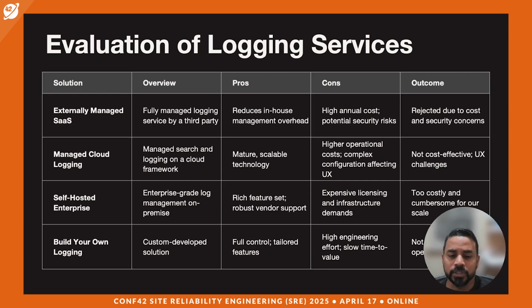The third option was self-hosted enterprise, where we would host some enterprise-grade log management system on our premises. Pros were you get all the rich feature set, and you get very robust vendor support. But the con was the licensing was still going to be very expensive and it would still need to run on our infrastructure. So that cost is there, plus the overhead of maintaining it. So that's why we rejected this as well.